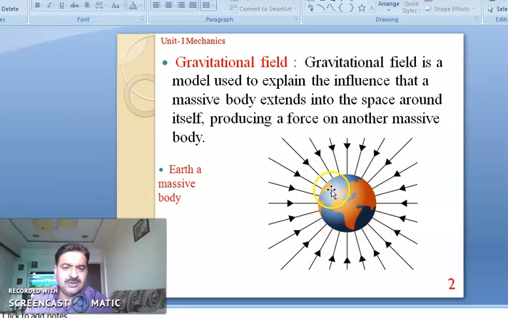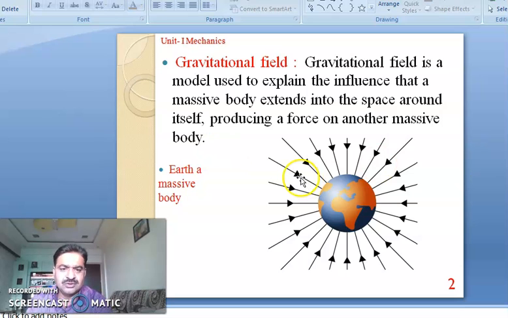Because of that influence, there exists a force on each and every massive body in its surrounding. Such a field is said to be gravitational field.